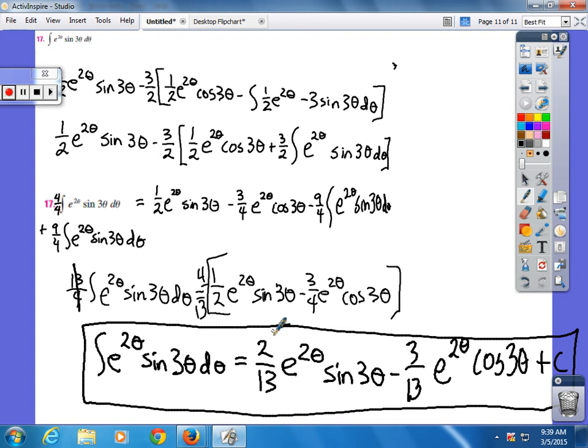I don't know why they factored out 1/13. Oh, to get 2 and 3. That's all. We got the right answer. It says 1/13 e to the 2 theta times 2 sine 3 theta minus 3 cosine 3 theta. So they just wanted a 2 and a 3 here, so they just factored out 1/13.